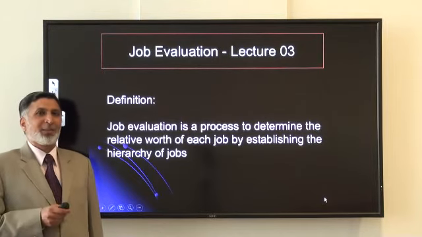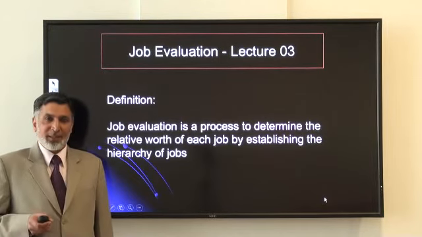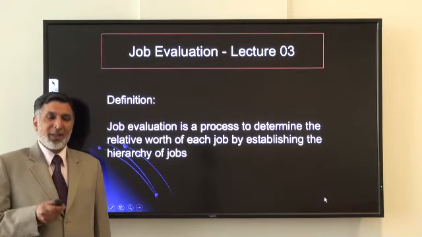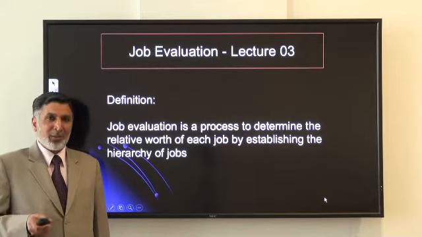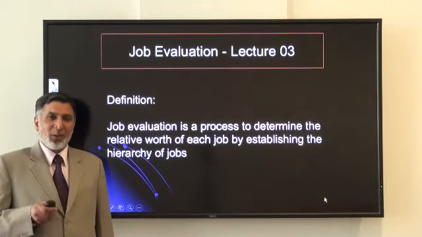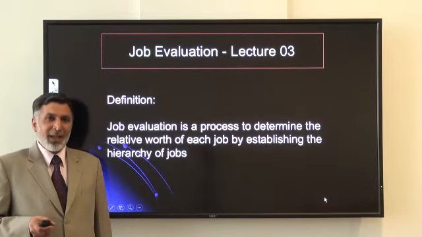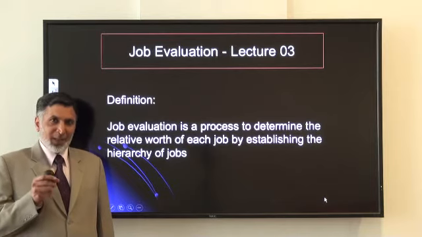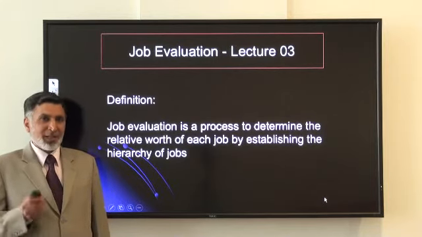So all the methods, whether we use analytical job evaluation schemes or non-analytical methods, and in America they are called non-quantifiable methods and quantifiable methods, evaluation is completely judgment.